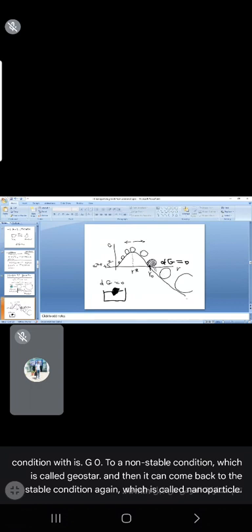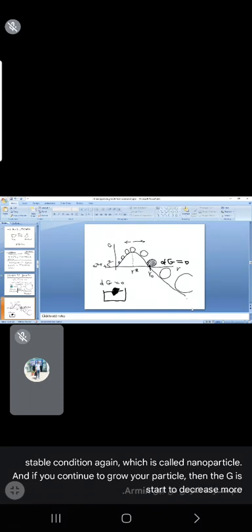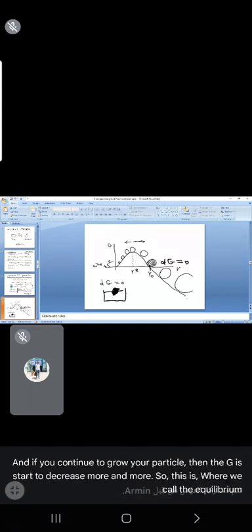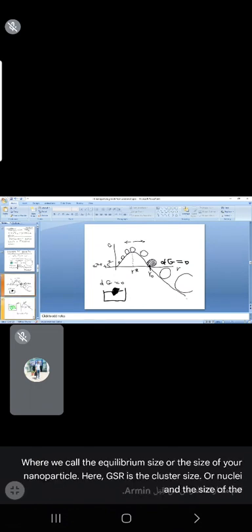And if you continue to grow your particle, then the G starts to decrease more and more. So this is where we call the equilibrium size, or the size of your nanoparticle. Here, G star is the cluster size, or nuclei, the size of nuclei.